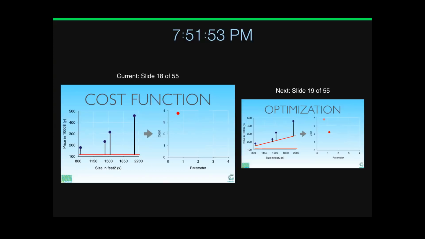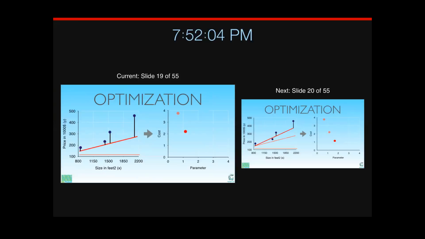Now let's say I'm curious to see what happens if I change W, so if I change the slope of the line. What I can do is change that slope. This will change the value of the residuals, and the overall error will be smaller.